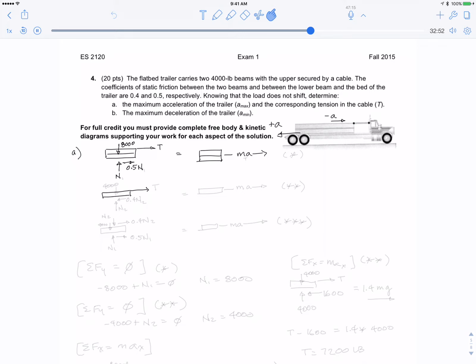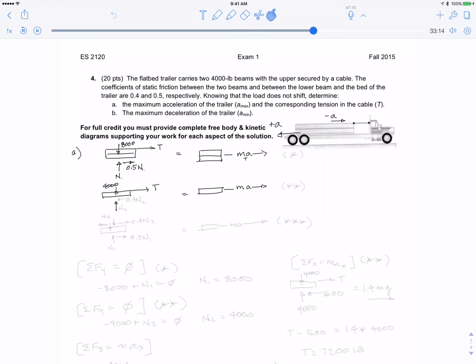And that one is also accelerating. That'll be the mass of 2 of them, and that'll be just the mass of 1 of them going forward. And this one weighs 4,000.